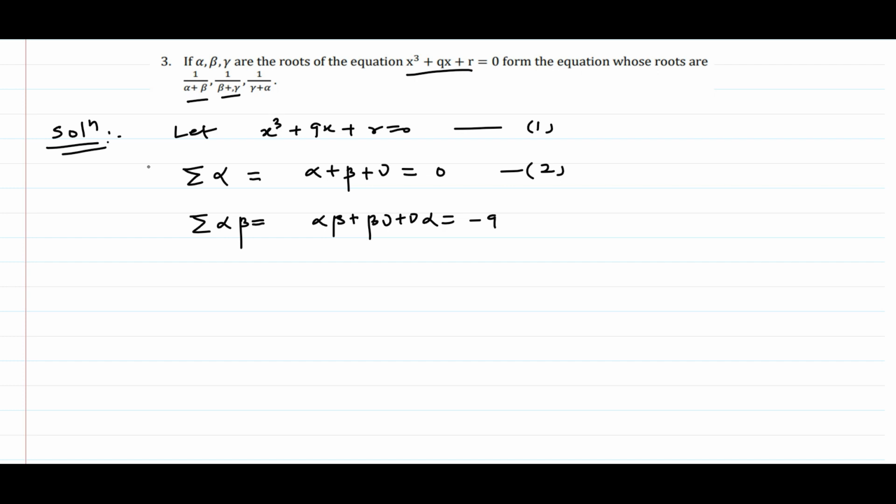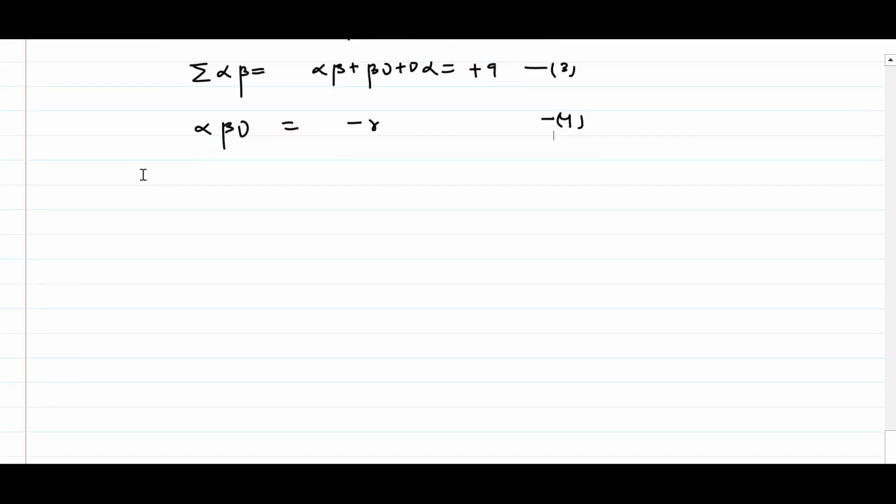Sorry, it will give a positive q. Here will be equation number 3. And third one, alpha beta gamma is equal to negative r, that is equation number 4. So now first of all we need to assume, let y is equal to 1 upon alpha plus beta.